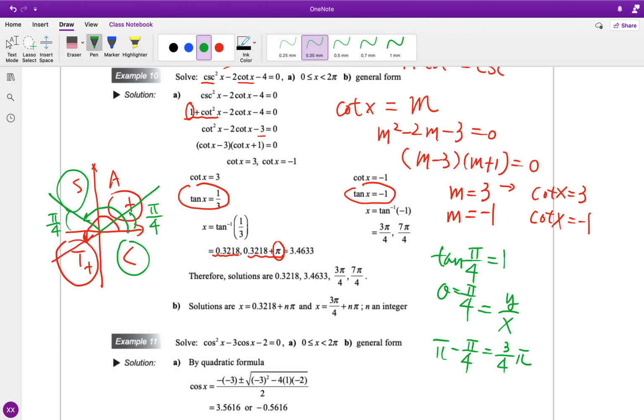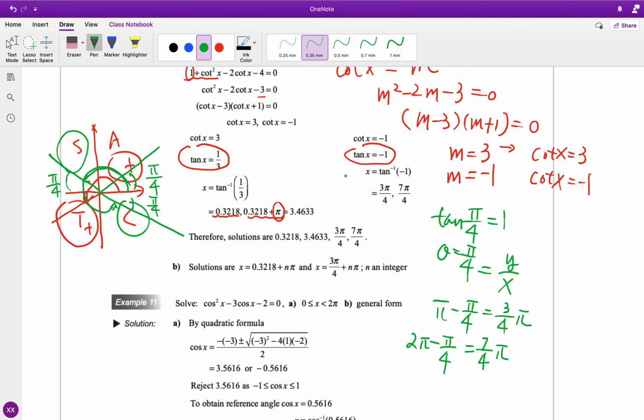And another one is all the way to here. That means 2 pi, because this is again your pi/4. So this is 2 pi subtract pi/4, and that is your 7/4 pi.